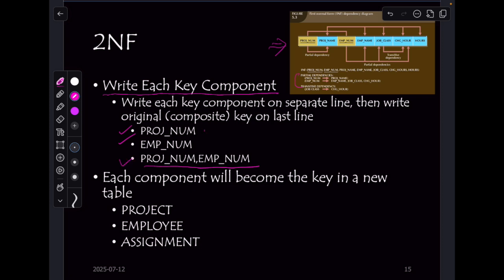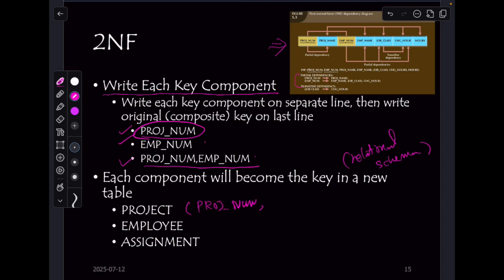And using these three attributes and the combination of those attributes, we are going to make a new table, a new relational schema. Schema means just a table. So how do we make a new table? A name is already given, but usually before you name it, you will list the attributes inside the parentheses. So in this parenthesis, first I will write down project number here.